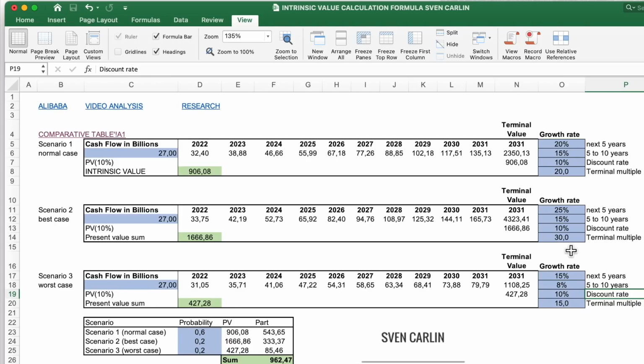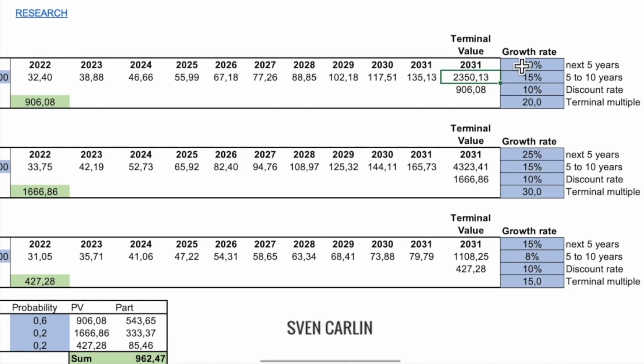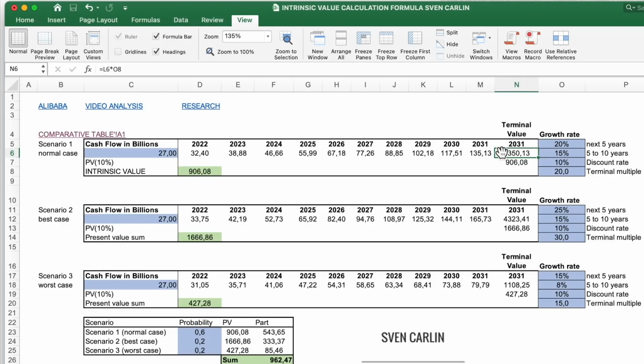To put it in an example here, I think that Alibaba's cash flows will be 117 billion in 10 years. I have a 20 terminal multiple on the cash flows, and the terminal value is therefore above 2 trillion, 2.3 trillion. So that's Alibaba's terminal value.